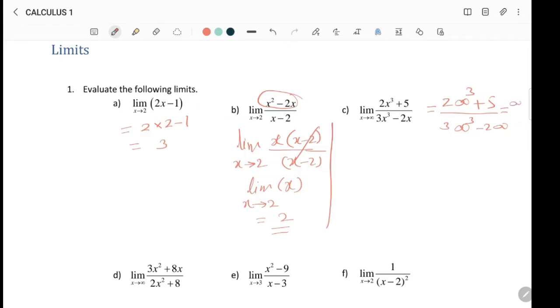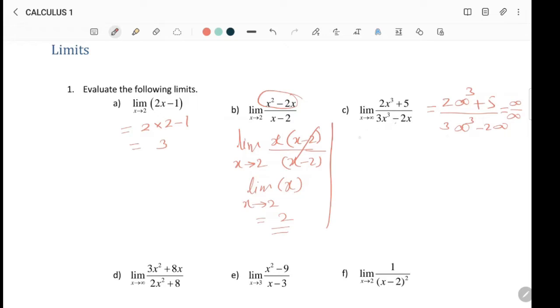It will be infinity. Similarly, in the denominator also it will be infinity. Now again, it is infinity over infinity, right? So we have 2 ways to solve. First, we can use L'Hopital's rule or we can simplify. I will show this by both methods.